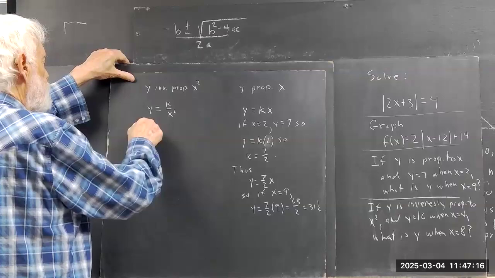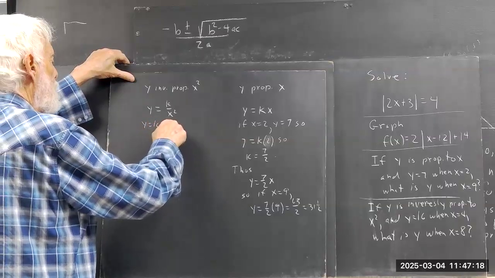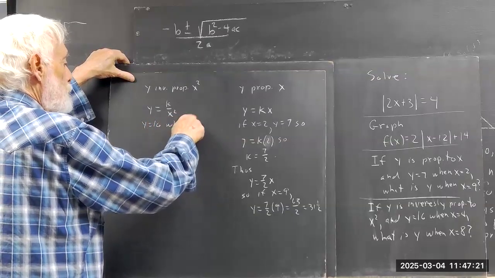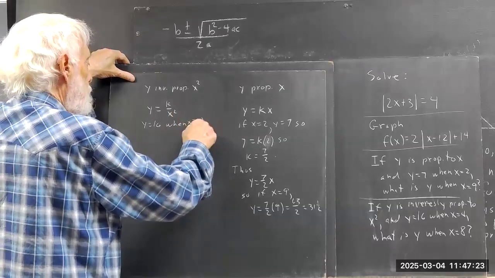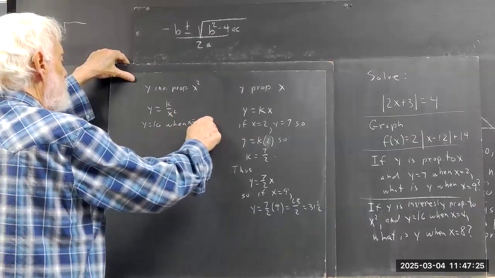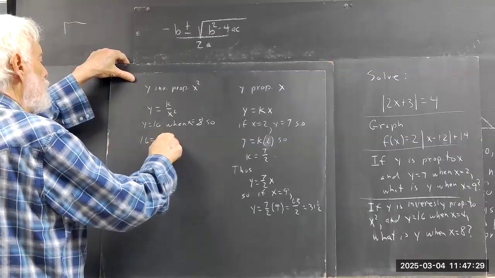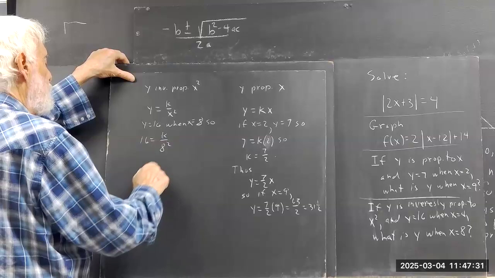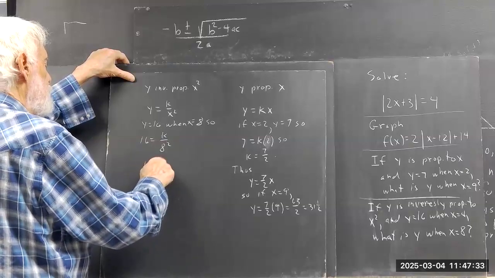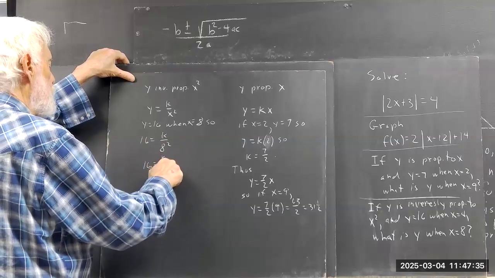Then y equals 16 with x equals, what was it, 8? So 16 equals k over 8 squared. So 16 equals k over 64.